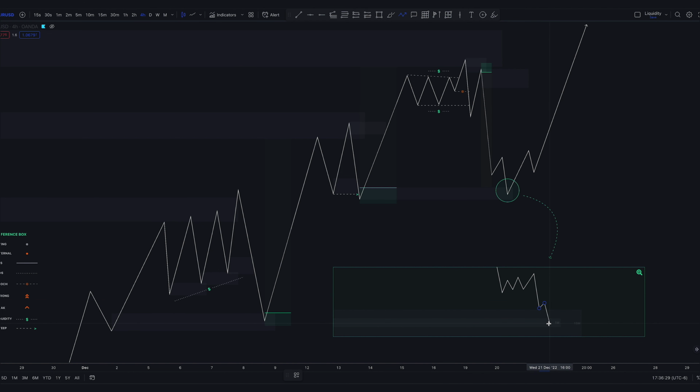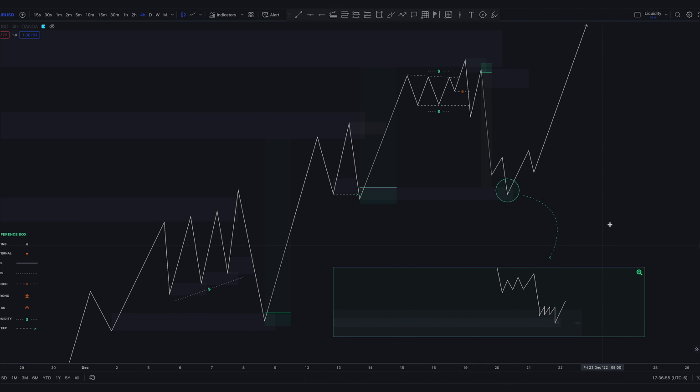Price came here, mitigated this 1 minute, and in this case, let me show another type of entry that you will probably see. As price came here, it made these equal lows, and then it came here, boom, mitigated, and we had a V-shaped reaction.